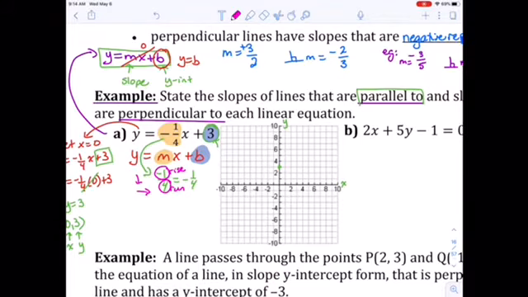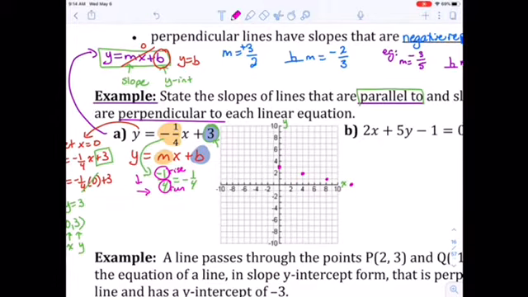So of course, if I start at this point here, my 0, 3, and I go down 1 and right 4, that allows me to find my first point. Now, of course, I can go down 1 and right 4 again, and down 1 and right 4 again. I'm off the grid a little bit there, but we could go forever.